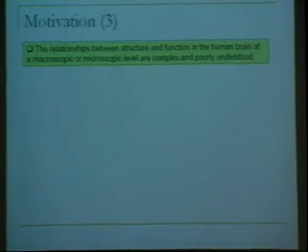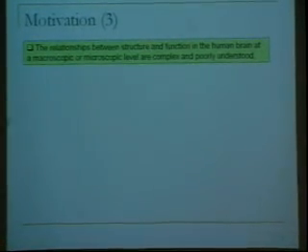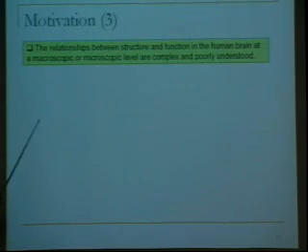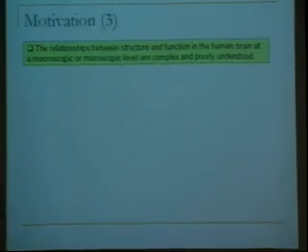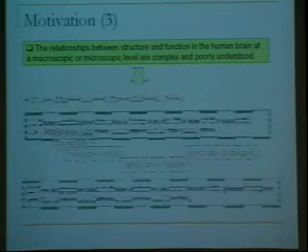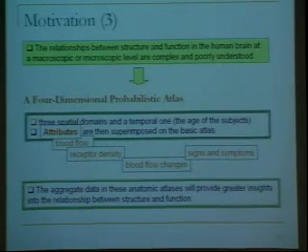And the last one is, as we know, the relationship between the function and the structure of the human brain is very complex and poorly understood. So the current project they are doing is trying to set up a four-dimensional probabilistic atlas. Four dimensions means three dimensions in space and one dimension in time.